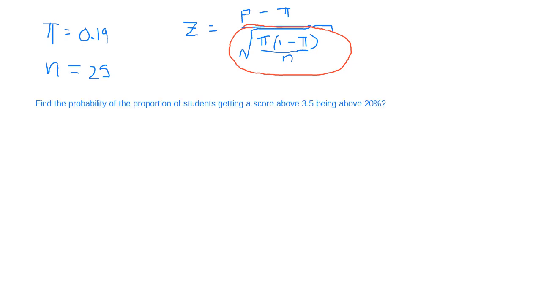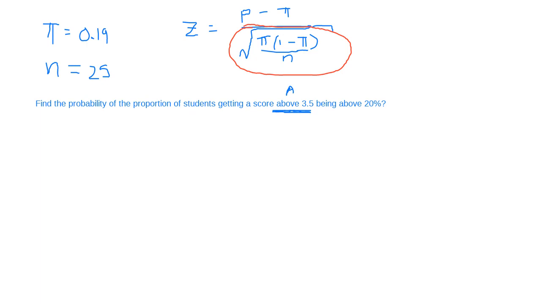So here's the question. Find the probability of the proportion of students getting a score above 3.5 being above 20%. This 3.5 is just to mislead you. It has nothing to do with what we're trying to work out. You can just think of it as an A. So it's saying find the probability of the proportion of students that get an A being above 20%.